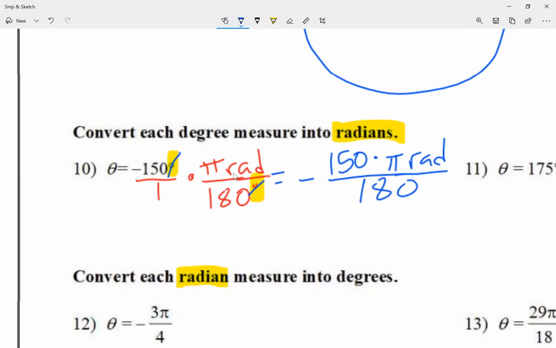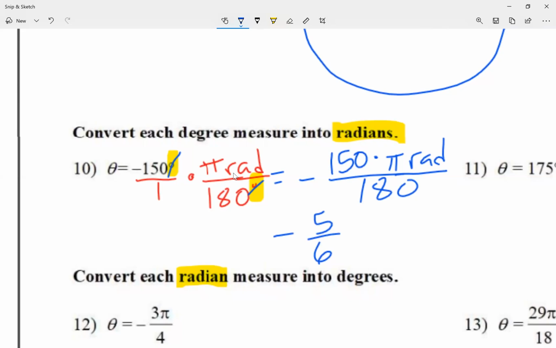Now I'm going to simplify my fraction. There's a negative sign, so I have a negative sign. Now, simplifying fractions, we know how to simplify that. We learned that a few years ago. 150 over 180, let me call this 5 over 6.